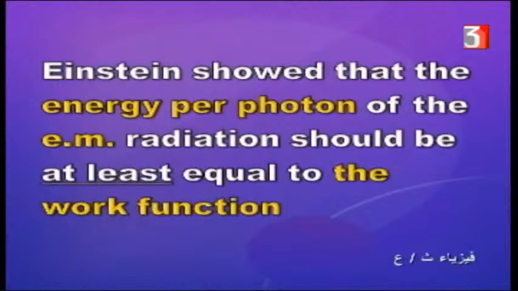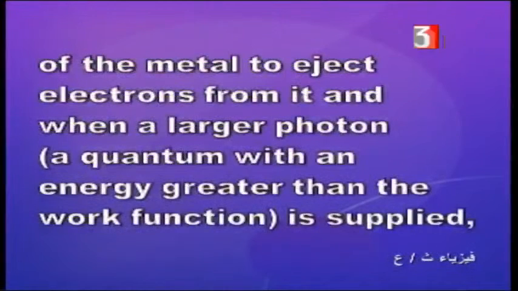Let me say it again. Einstein showed that the energy per photon of the electromagnetic radiation should be at least equal to the work function of the metal to eject electrons from it. We'll define the work function.